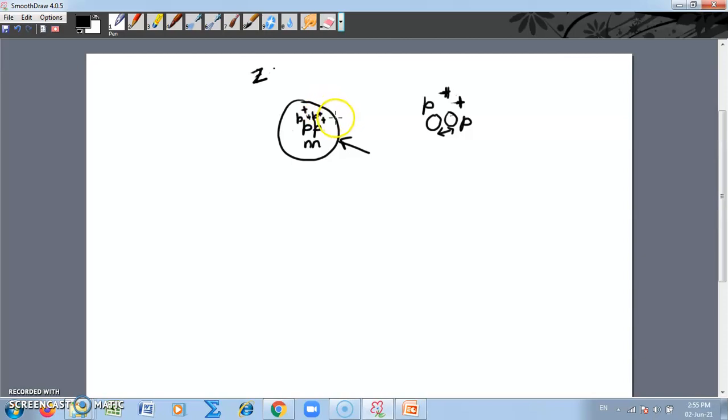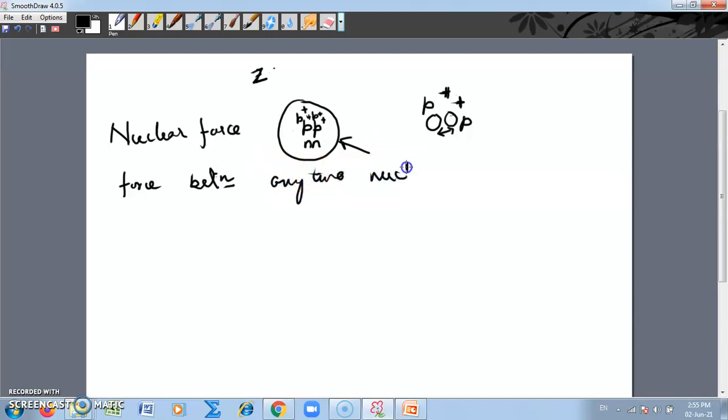The nucleons, that is the protons and the neutrons, are so closely packed, there must be some other force, and that force is called the nuclear force. Nuclear force is nothing but the force between any two nucleons inside the nucleus.